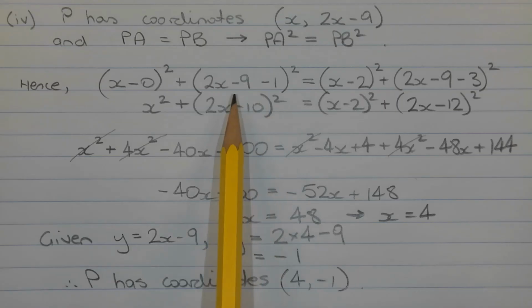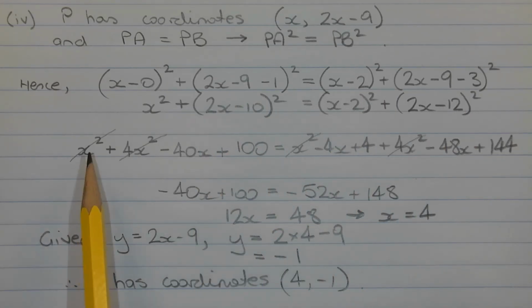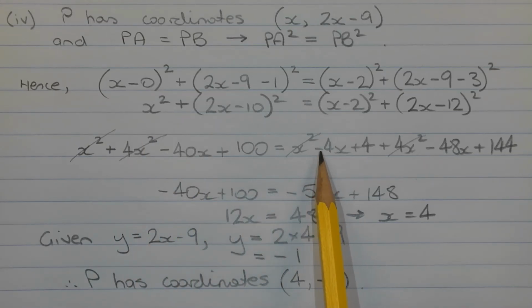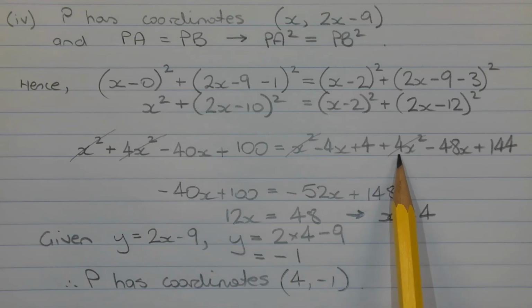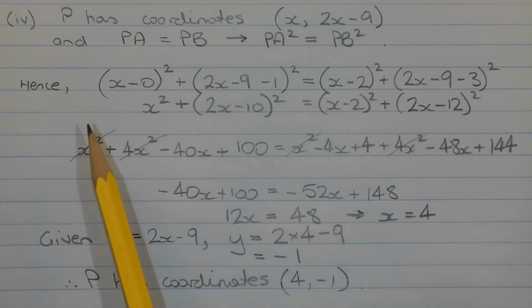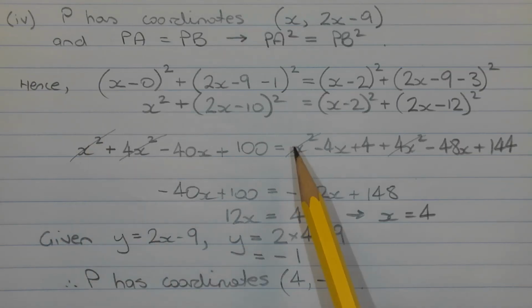Now expanding the brackets here, here and here, so using perfect square expansion, we get x squared plus 4x squared minus 40x plus 100 is equal to x squared minus 4x plus 4 plus 4x squared minus 48x plus 144. Now we have some cancellation. We can cancel the x squared here and here.